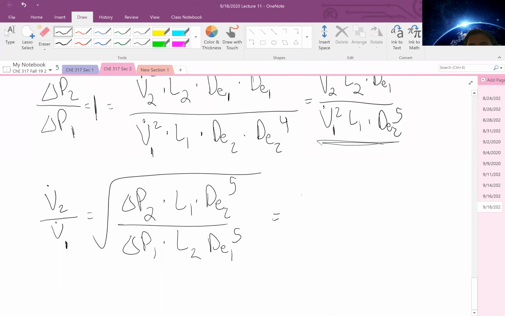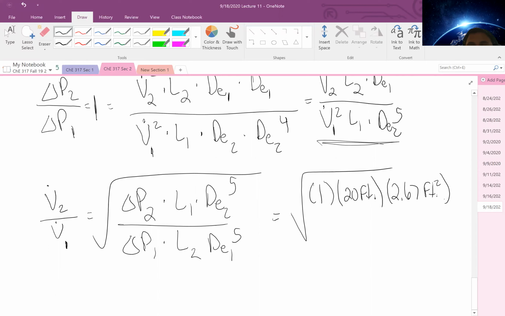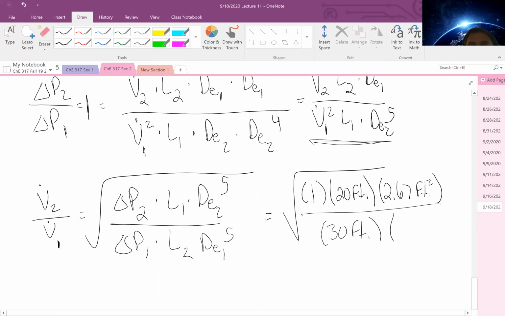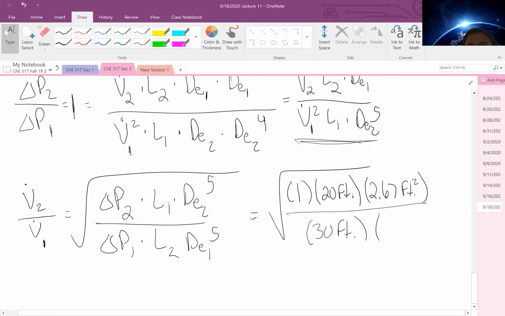So what I'm left with is 1 square root of 1 times 20 feet times 2.6 feet squared divided by my 30 feet divided by diameter 1, which is 2 feet squared.